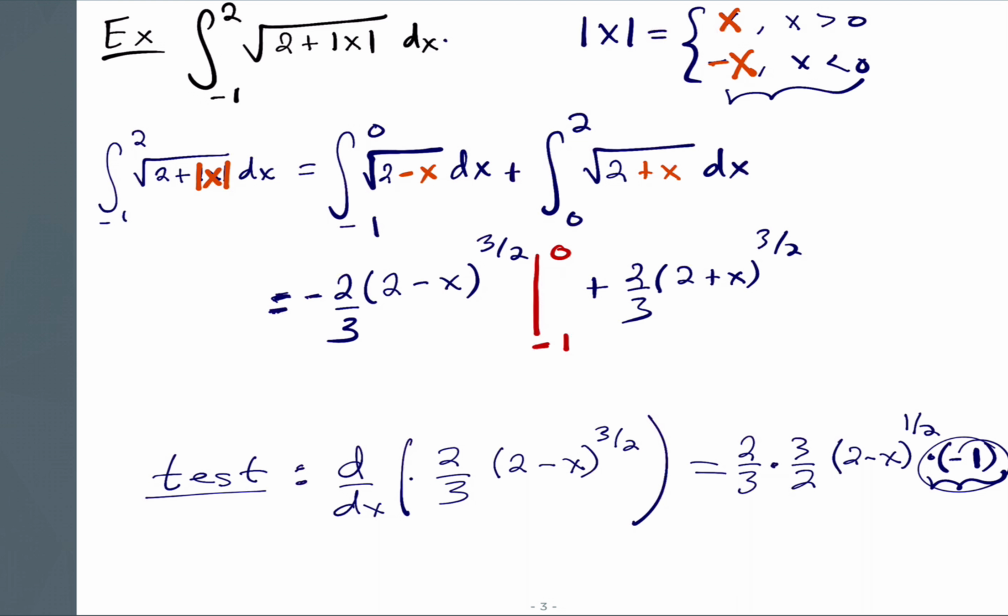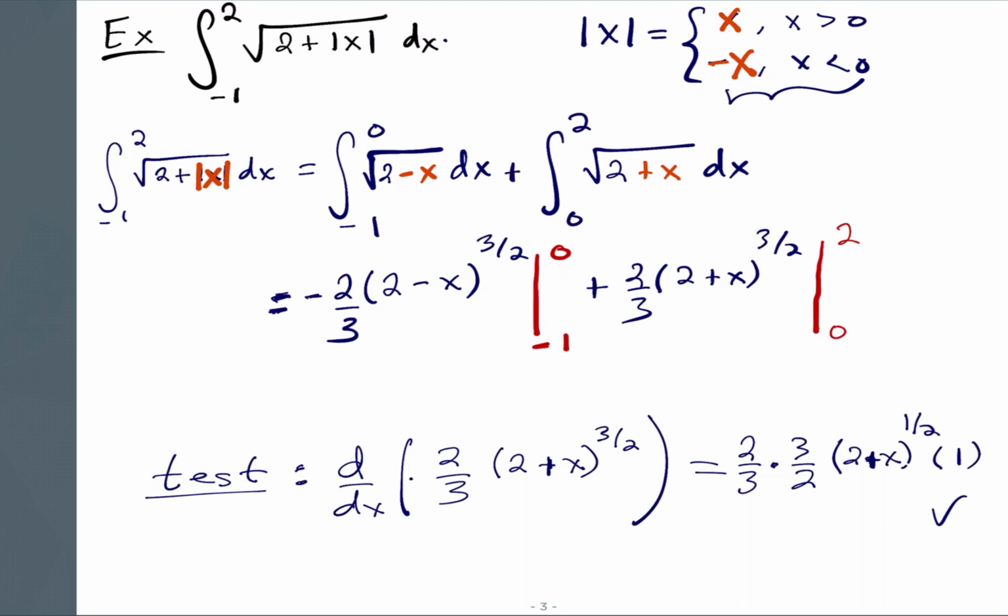Because when you get the derivative of that one, that's just going to be that and then times 1, right? Which is not a big deal. So then this is okay, and this is going to be from 0 to 2. So any questions with that? Does that make sense? So a little bit tricky, right?